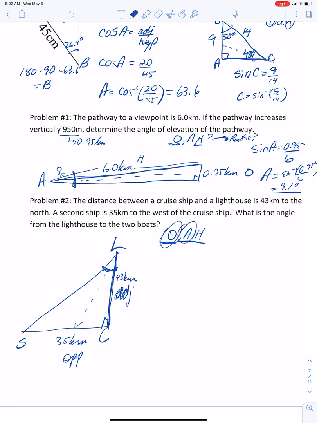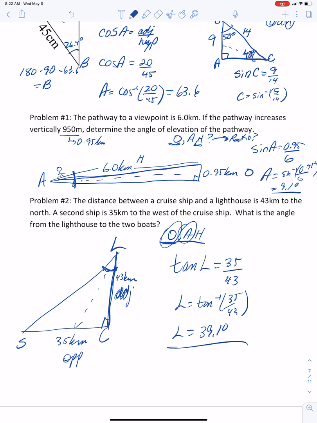This is a tangent question. So tangent of L is 35 over 43. I have to do the inverse tangent. And angle L turns out to be 39.1 degrees. Okay, so that's using sine and cosine to find an angle.